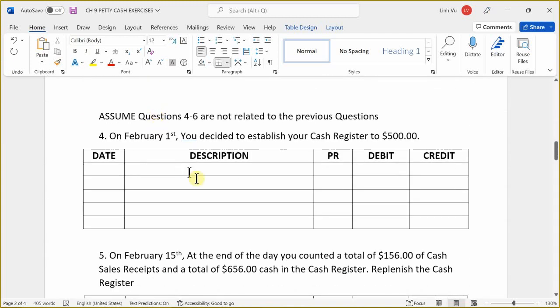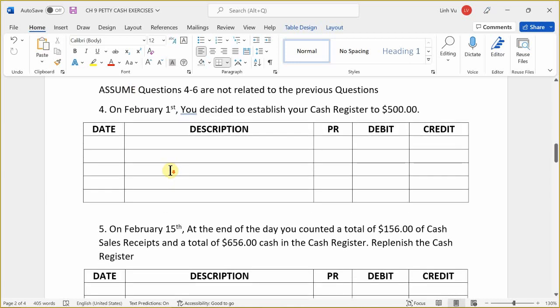All right. Next one says assume questions 4 through 6 are not related to the previous questions. So question number 4: if on February 1st you decided to establish your cash register for $500, how do you establish your cash register?